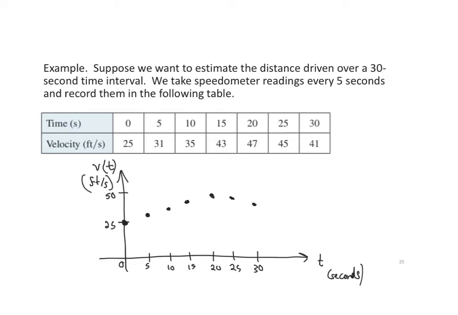So we don't have a formula for a function, but what we do have is a way to determine the heights of rectangles that will allow us to estimate what the total distance traveled was.